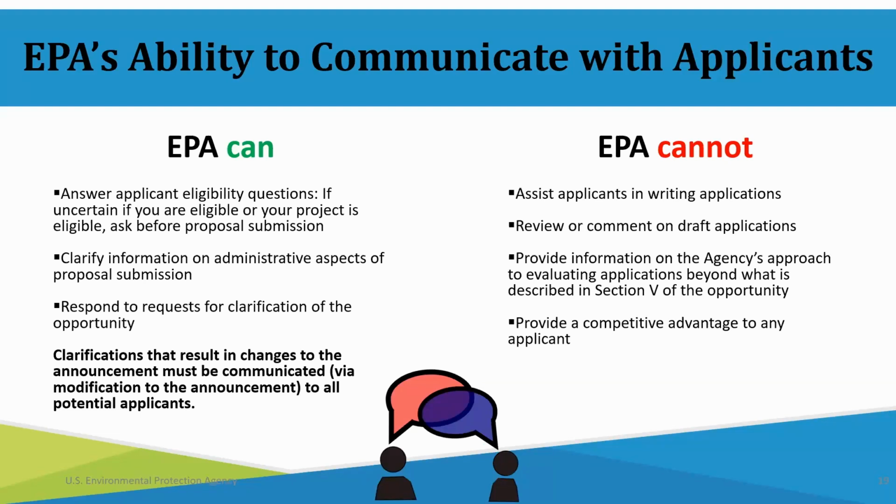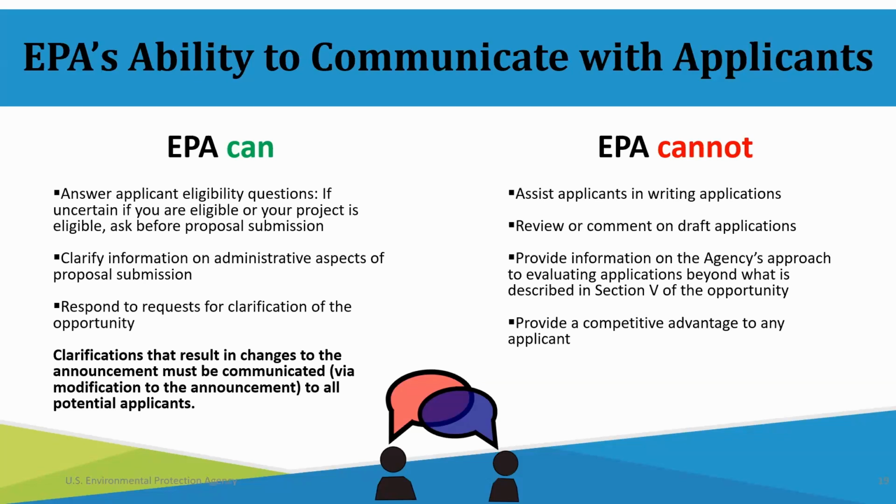When you are applying for a funding opportunity, you may have some questions. There will be a point of contact listed on the notice of funding opportunity. You can reach out to that point of contact for certain questions. But EPA strives to ensure that all competitive funding rounds are run fairly and ethically, giving all organizations an equal opportunity to receive funding.